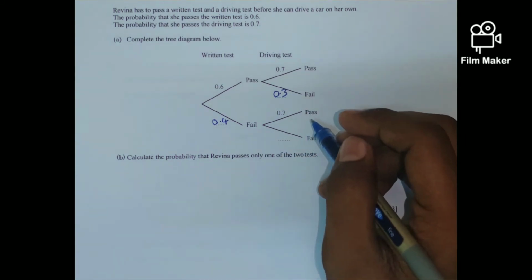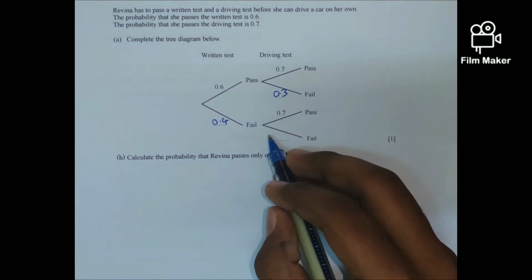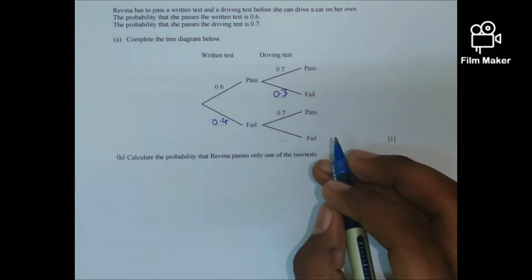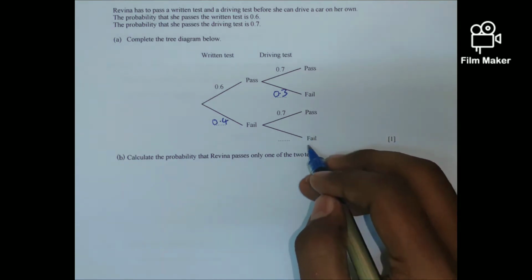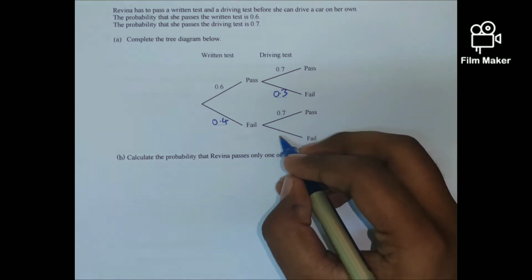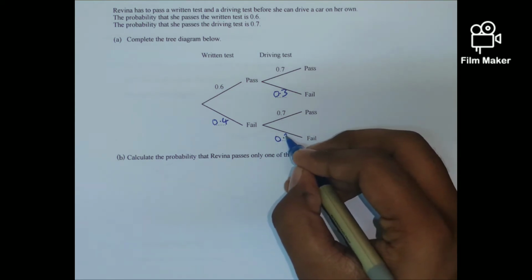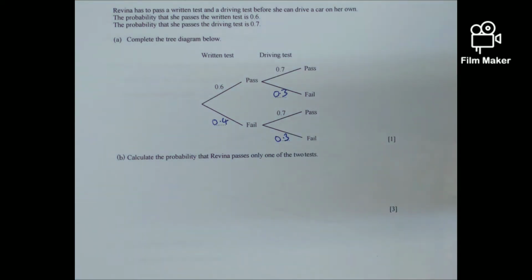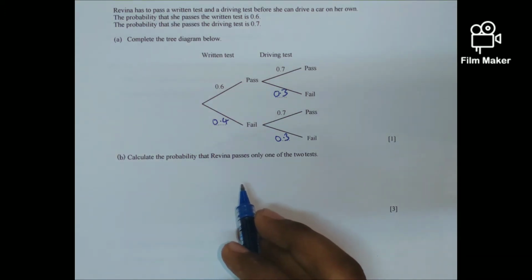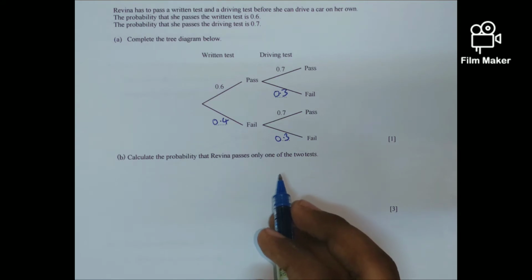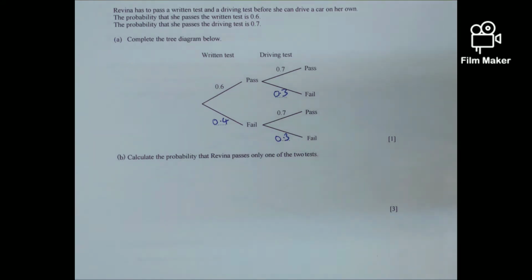Then in the driving test, when she has failed the written test and the probability of passing is 0.7, failing would be 1 minus 0.7, which is 0.3. The second part of this question is: calculate the probability that Ravina passes only one of the two tests.